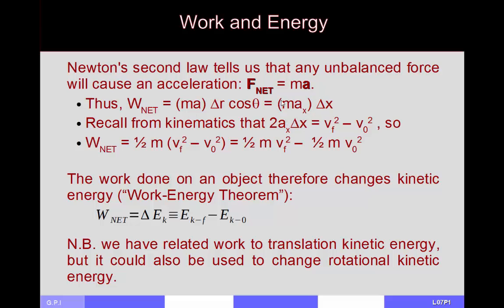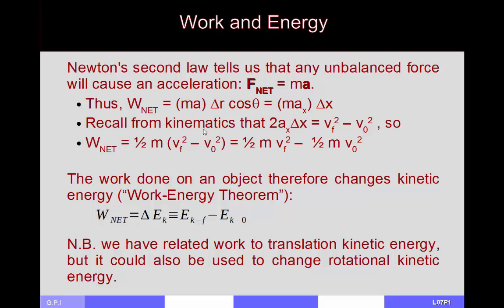All of this simplifies to basically mass times acceleration in the x direction times displacement in the x direction. And if you don't want to draw it so that you're going in a straight line along a particular axis, then you'd have m times a sub x times delta x, plus m a sub y delta y.